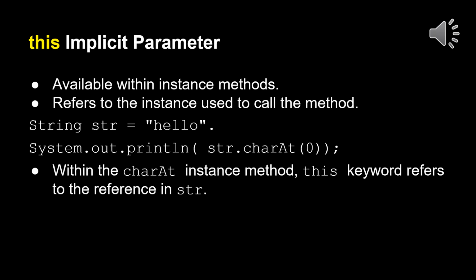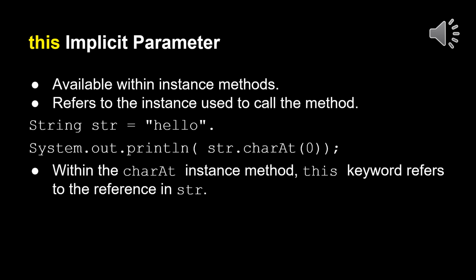We also know that str can be anything the writer of this method wants. The charAt method already exists, and str is a name that I chose as a user of it. So how do we write that method? Basically, within the charAt method, there's essentially a keyword, this.